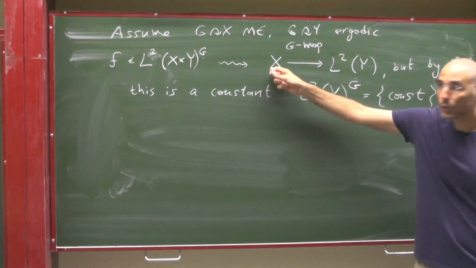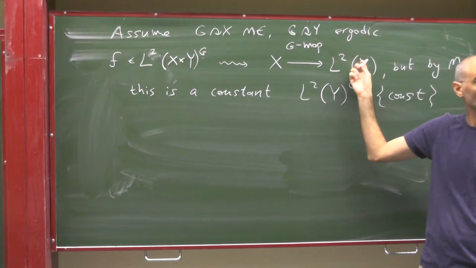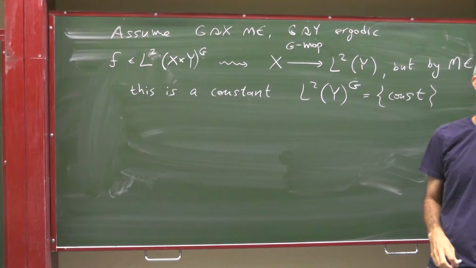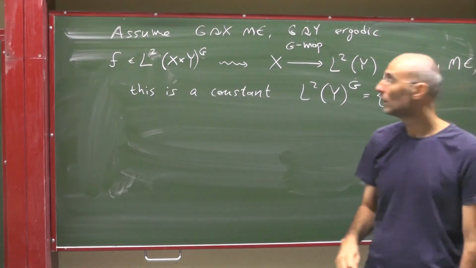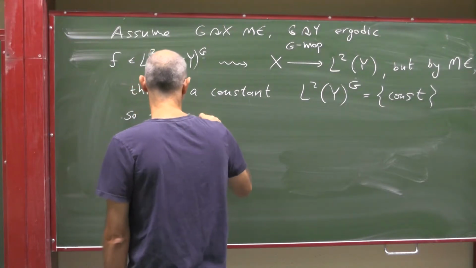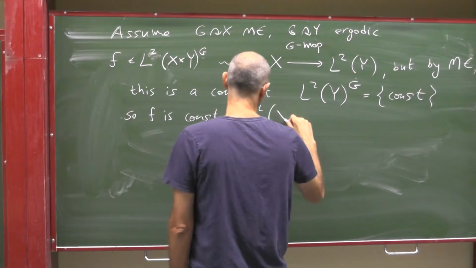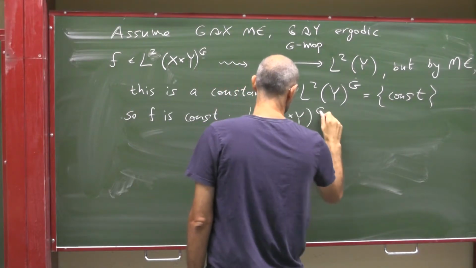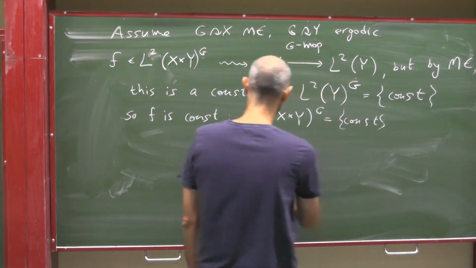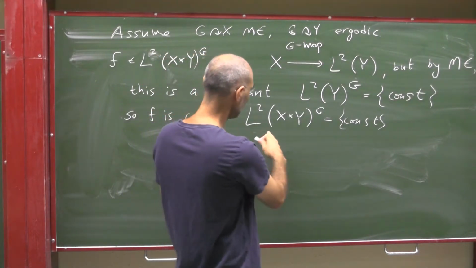So for almost every X, I got the same constant for almost every Y. So f is constant. And we get ergodicity.